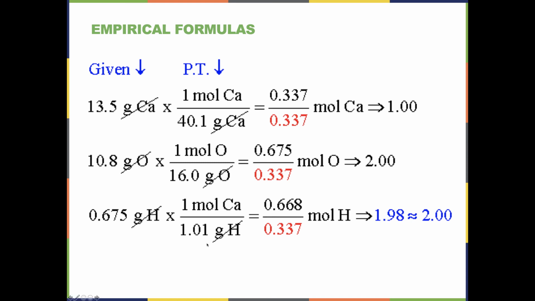And 1 mole of hydrogen is 1 gram, and so you have 0.675 moles of hydrogen. The calcium is the smallest number, so you divide all 3 of these numbers by this, and you get 1 to 2 to 2. So your empiric formula is CaO2H2, and you can rearrange this and write it like this, Ca(OH)2, which is the formula for calcium hydroxide.